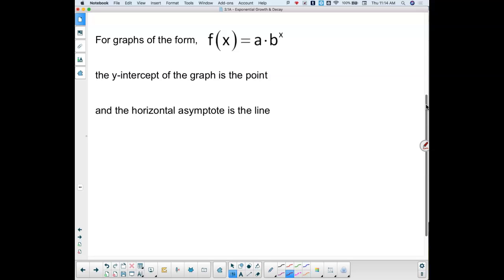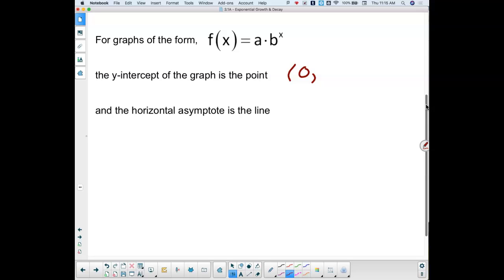How do I find the y-intercept on any function? Plug in 0 for x. Okay? So the y-intercept is going to be the point 0, comma, something. So I plug in 0 for x in that function. B to the x power becomes b to the 0 power.